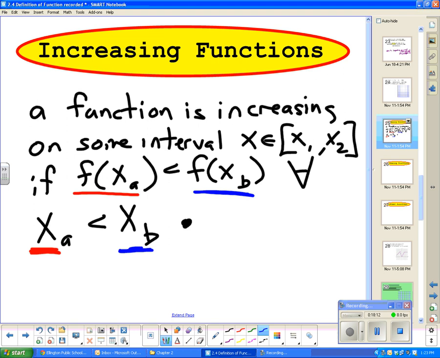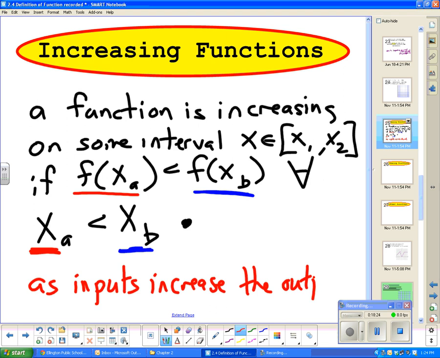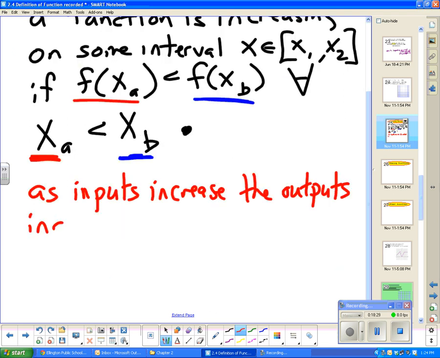So we could say that as the inputs increase, the outputs increase. And I know the word increase is in there twice, but which increase is the important increase to look at? It's the increase for the outputs. It's always about what the outputs do.